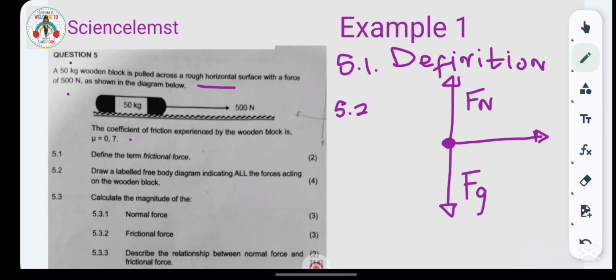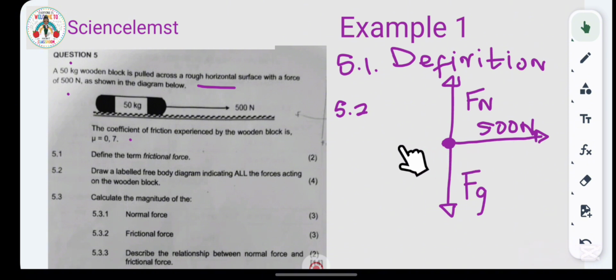Now we need to label it. Because the magnitude of the force is given, I am going to write it down as 500 Newton. Okay, so even if you labeled it as FA, force applied, I'll still mark it right. Now I know there is friction that is acting on this object, and I know that the object is being pulled to the east.